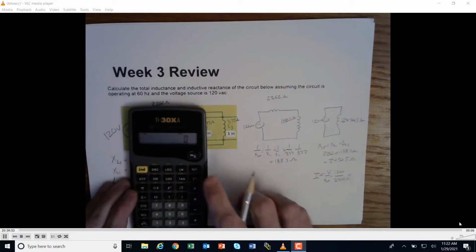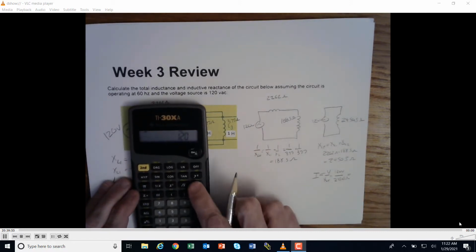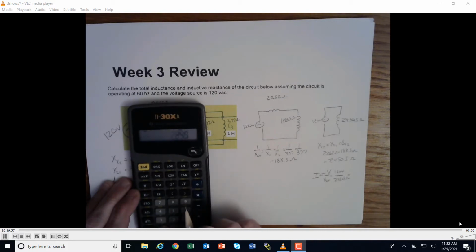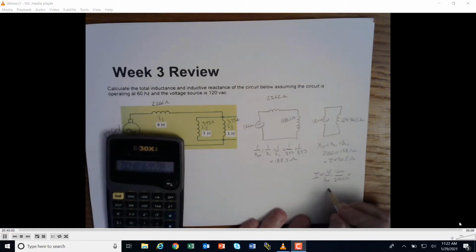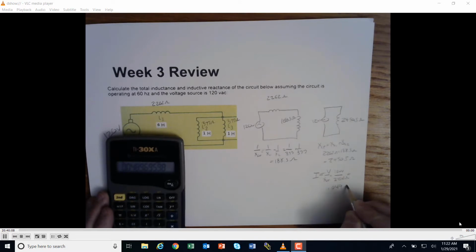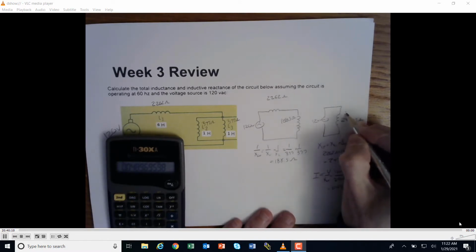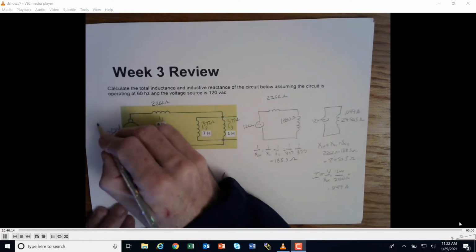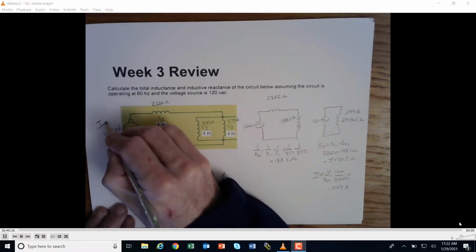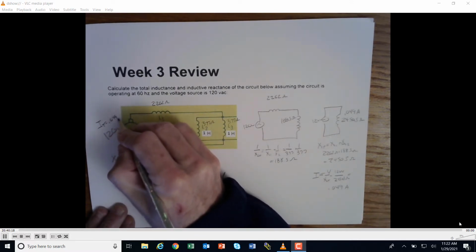So if I take 120 divided by 2450.5, I get 0.049 amps. So this is 0.049 amps, and I know over here that my I total is 0.049 amps.